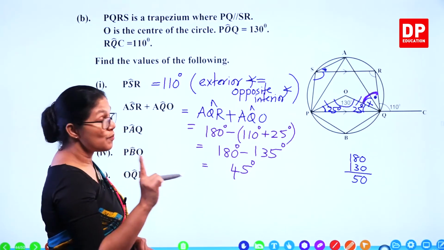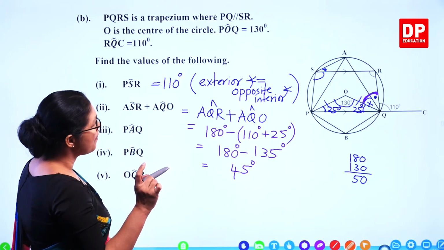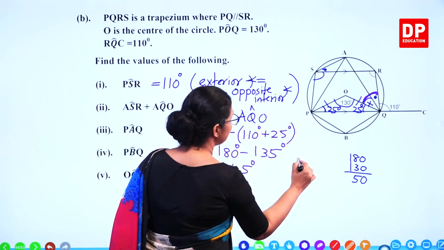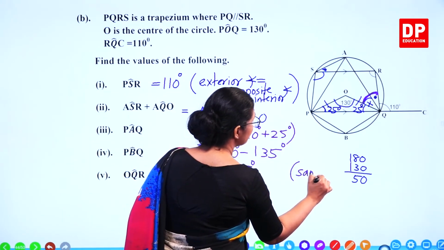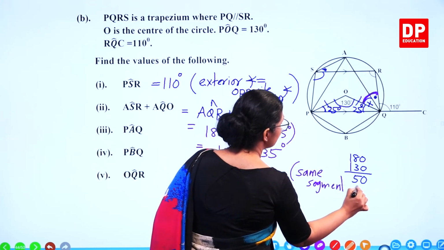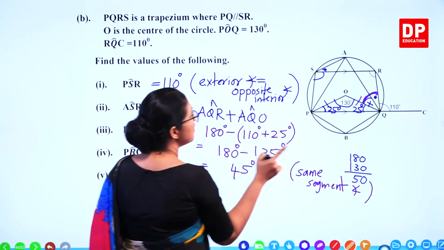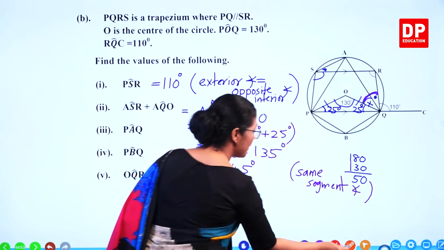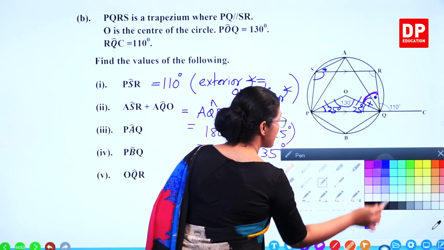So what's the reason we can write? We can write same segment angles and also 180 straight angle is there. That's why this is 45. Now let's do the next part.